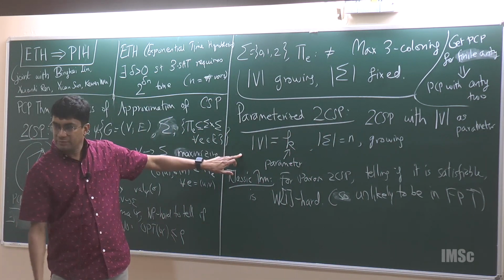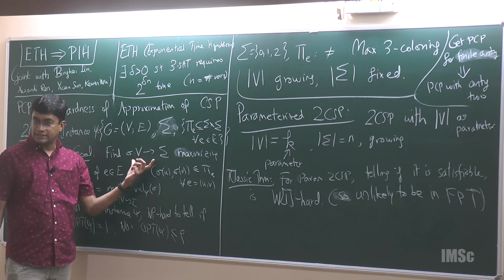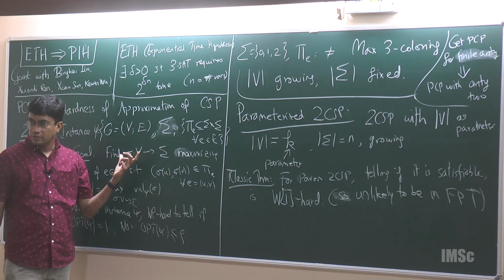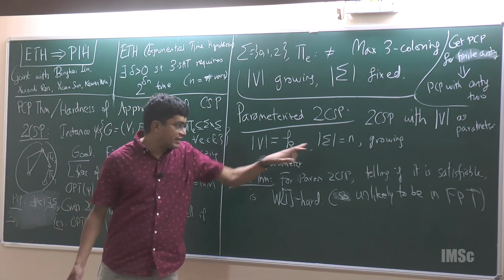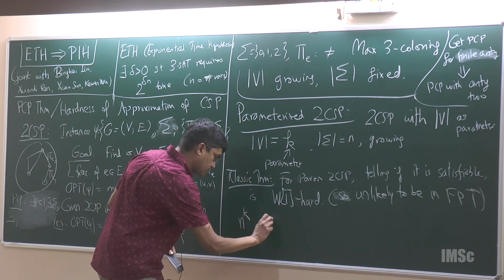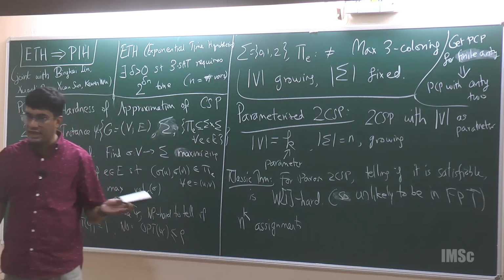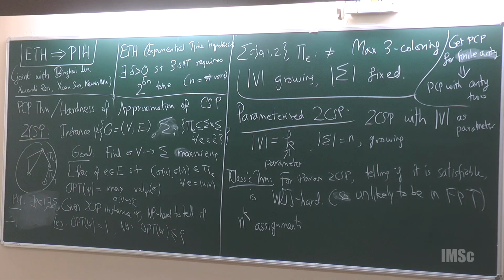What do I mean by that? If you give me a 2 CSP instance like this, there is a simple brute force algorithm for it: brute force over all assignments to the variables. If sigma is size n and there are k variables, there are only n to the k assignments. So there is a trivial n to the k time algorithm to decide parameterized CSP.